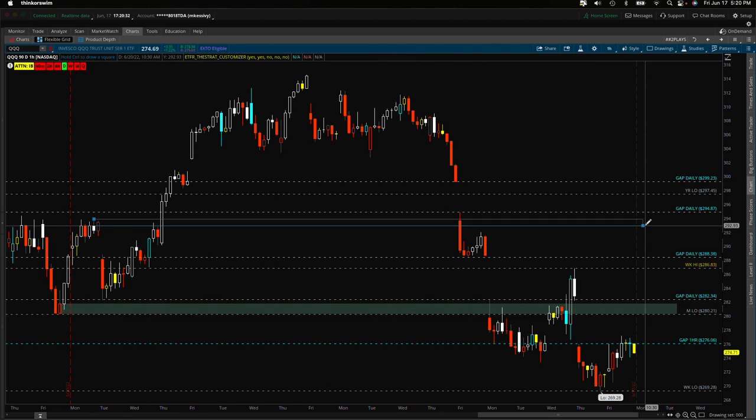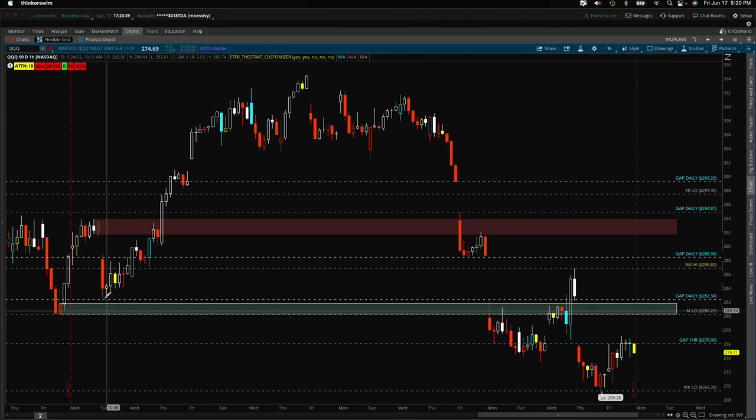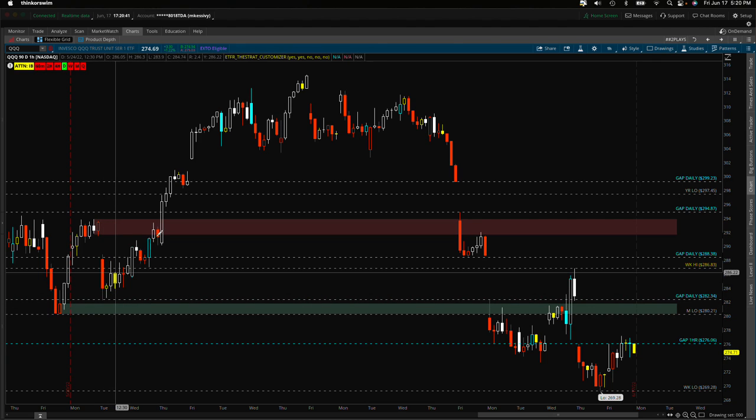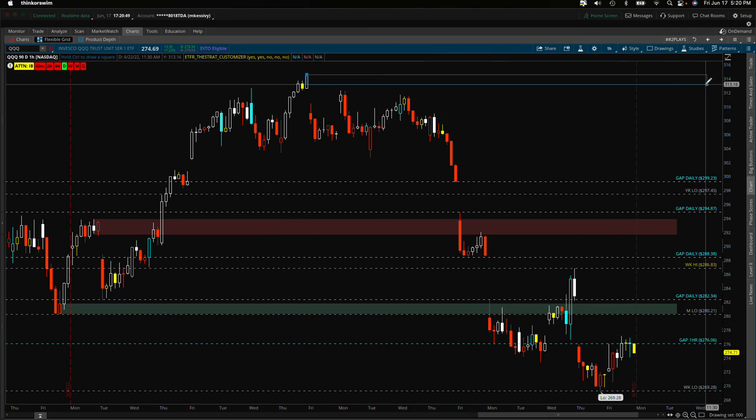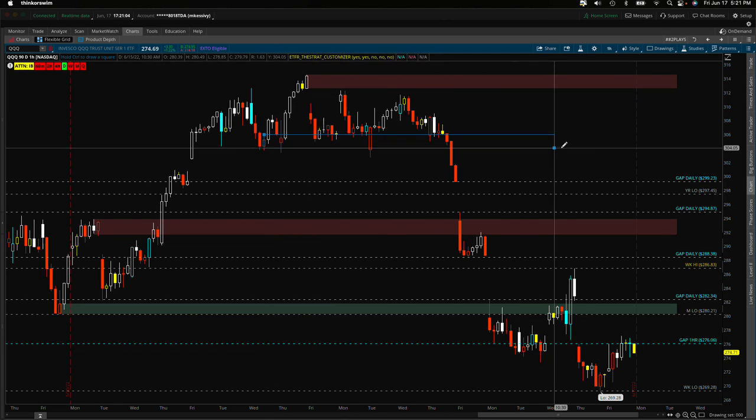So we'll mark this as well. Then price came back down to the same demand zone, took off, and blew through the supply zone. It hit 314, so we'll mark this supply zone. You can see price came down to this level at 306, and then it went back up. Actually, we'll mark this as a demand zone.